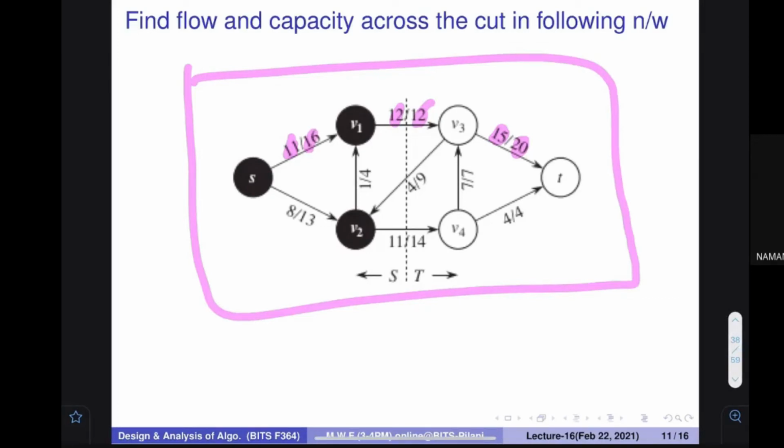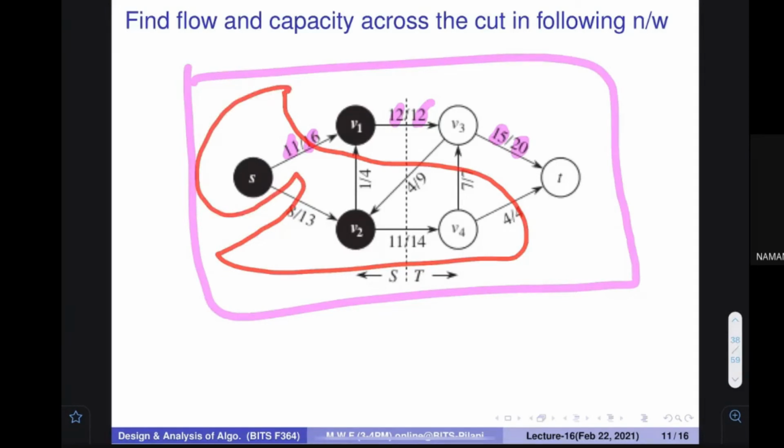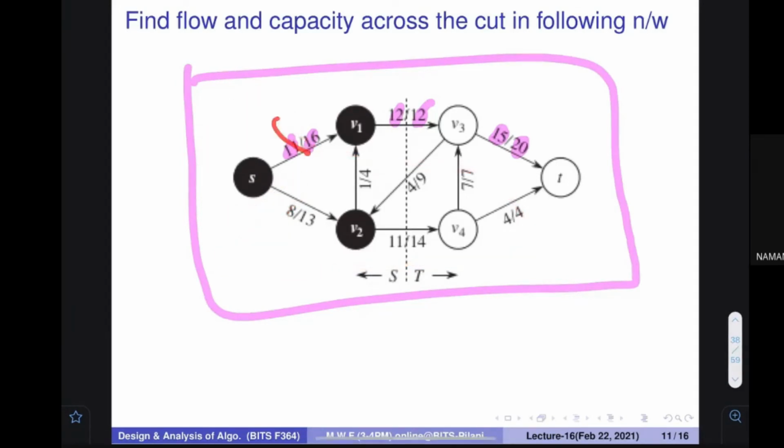What I wanted to tell you is that if I choose some of the vertices and create a set, say capital S, that contains small s plus a few more things, then I can say that the remaining things are in another set, T. In this set, what is there? All the vertices minus S.